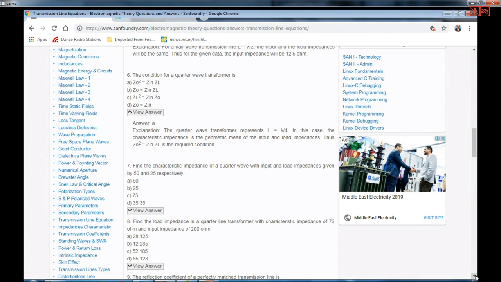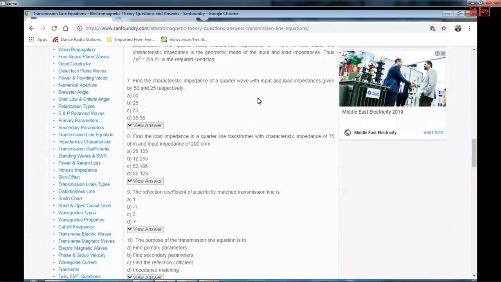Find the characteristic impedance of a quarter wave line with input and load impedances given by 50 and 25 respectively. So the input impedance is 50 ohms, what we want, and the load impedance is only 25. That means a 25 ohm load should appear as a 50 ohm load to the source. So in between this, what can be connected?